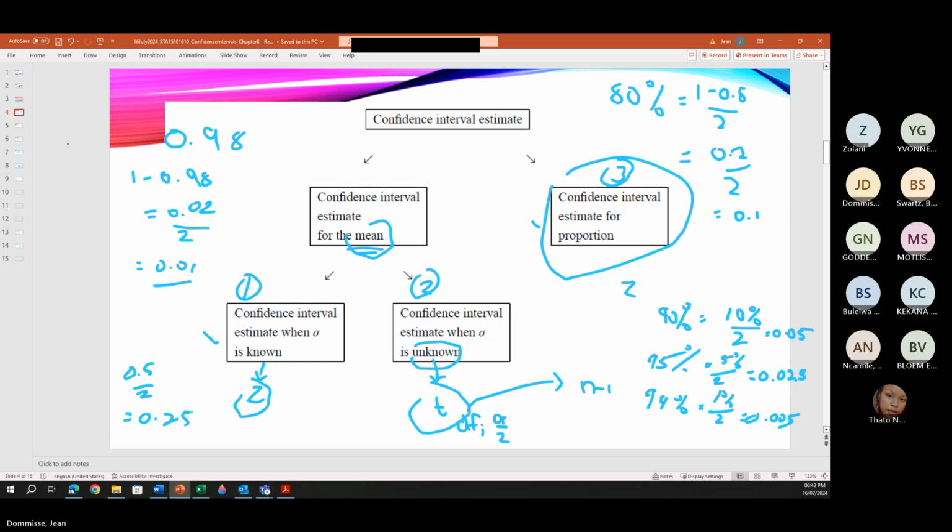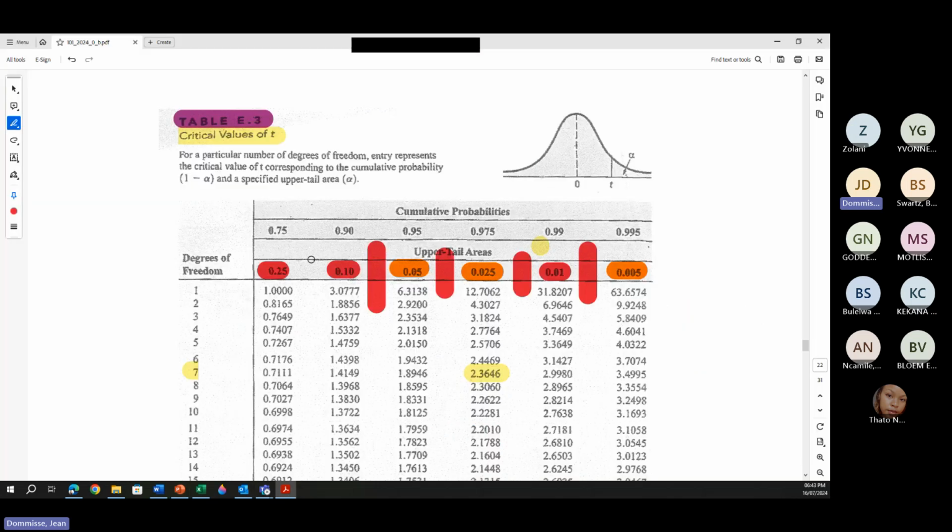But to be honest, I have only seen ones that they do a 98 and not a 99 or 95 and 90, but then you could still use the Z table. Okay. Long story short, it will only be the ones that are on the T table that you need to worry about.